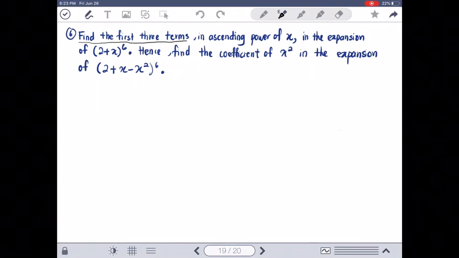The first part is to find the first three terms in the ascending power of x in the expansion of (2 + x)^6. So we need to find the first three terms.